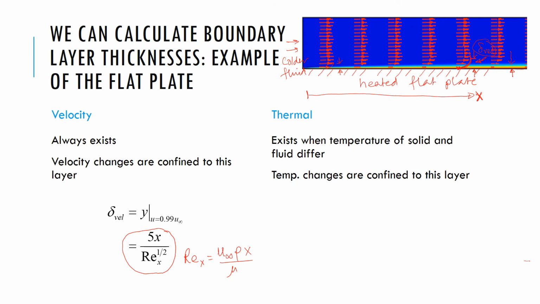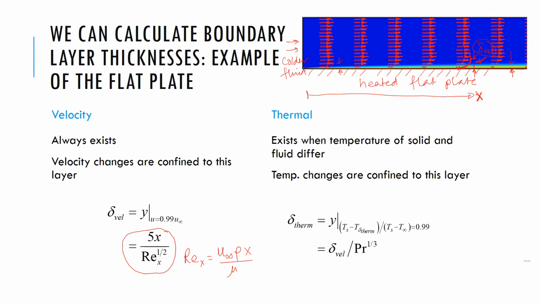Here it shows by color, the fluid flowing over it is blue and the surface is red. At the same location as the velocity boundary layer, the thermal boundary layer would be given by this part, which is in this case thinner. It doesn't always have to be thinner. It depends on the fluid properties.